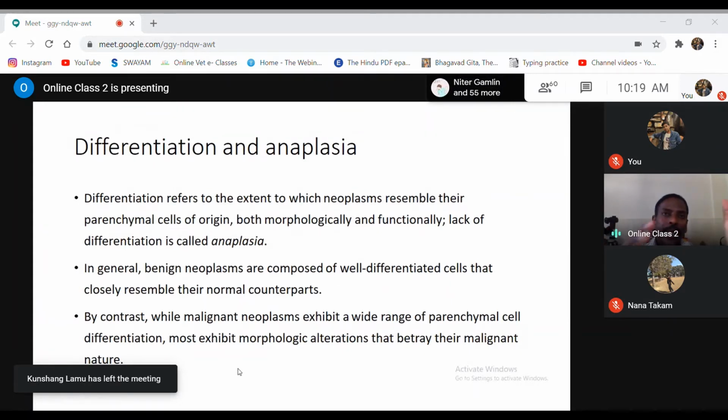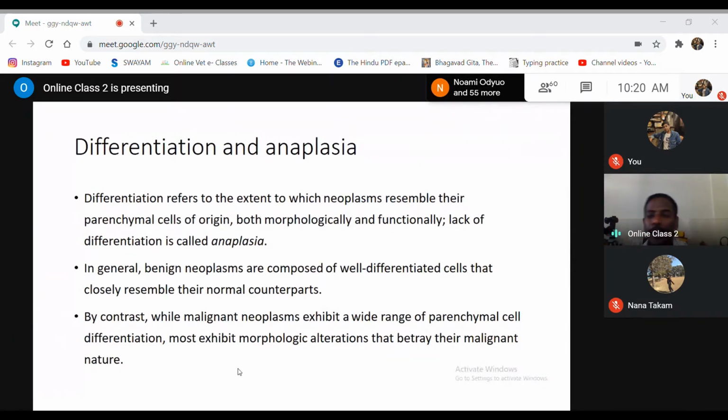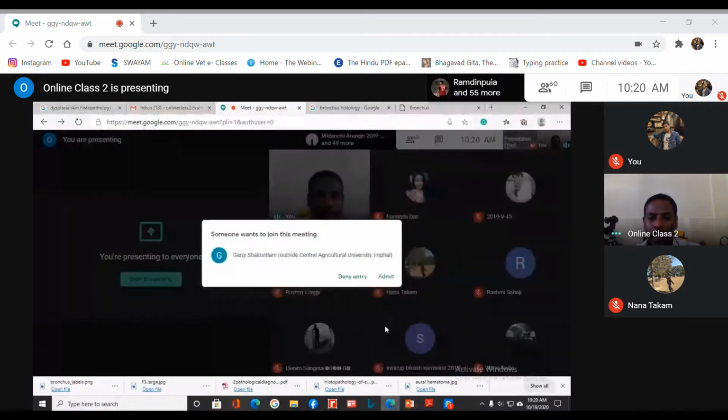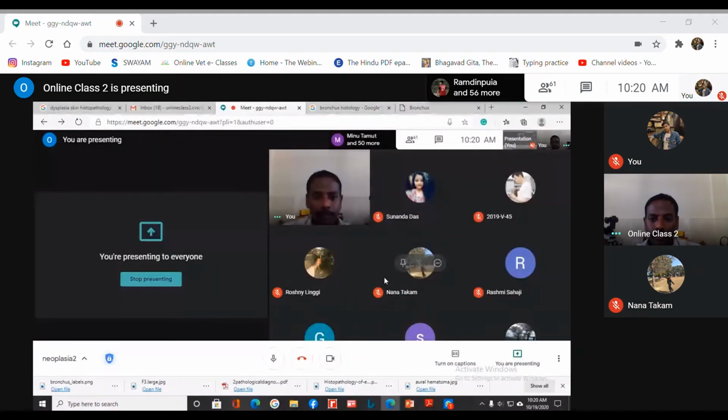In benign neoplasms, these features will be more or less similar to those of the normal cells. But in malignant neoplasms, the features will be totally different. That is what you call differentiation. So differentiation basically refers to the extent to which a tumor resembles its normal counterpart.